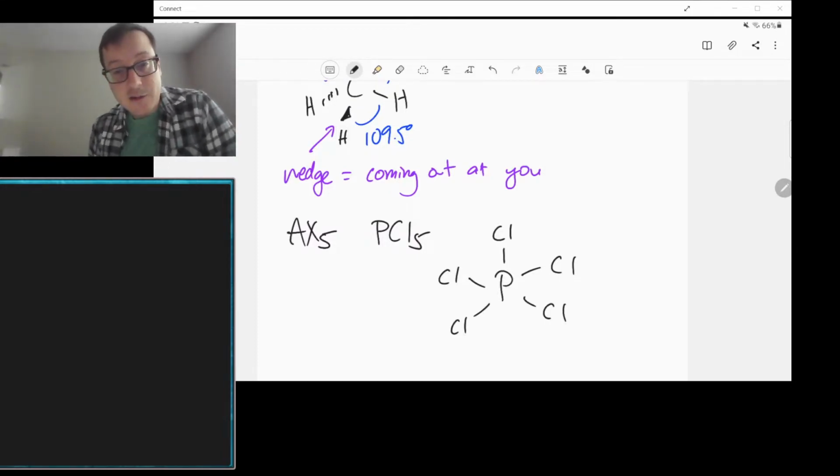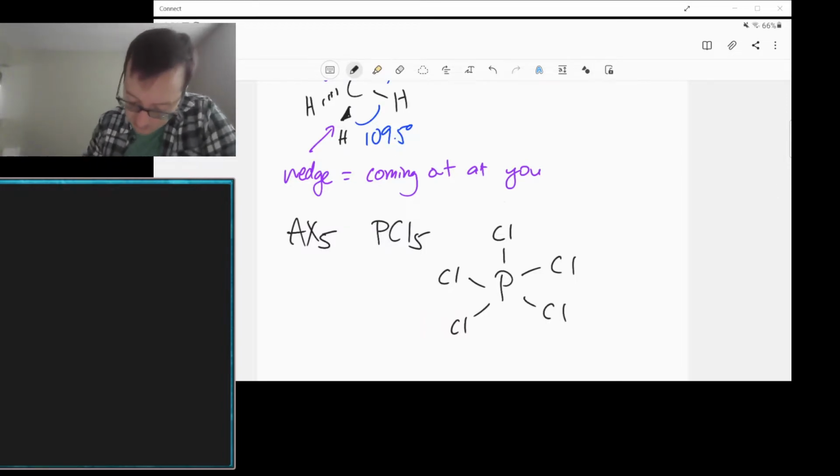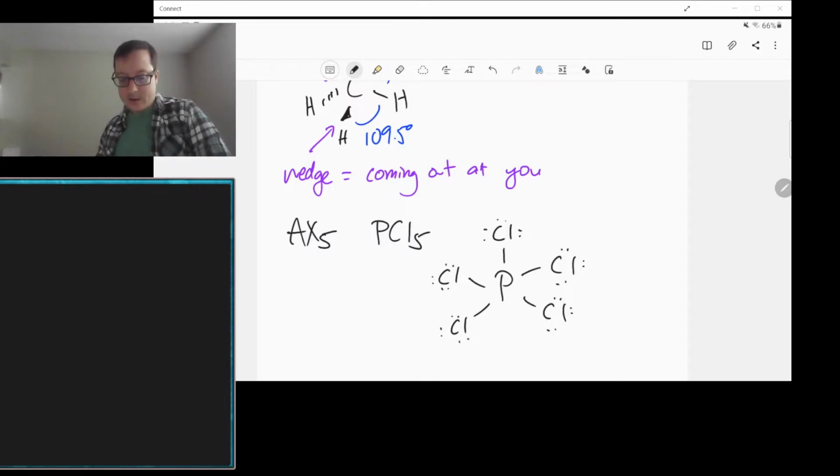So phosphorus pentachloride looks like this hypervalent species. Technically, we've got lone pairs on all these pesky chlorines, and I will be a good chemist and draw them all on. So this fits under the AX5 category, right? One central atom, five outer atoms.